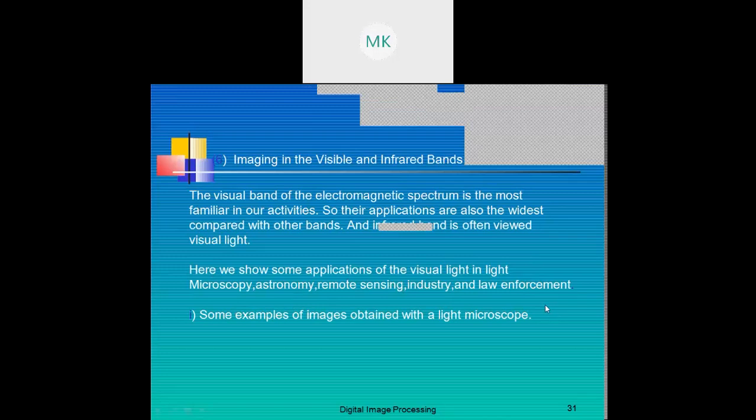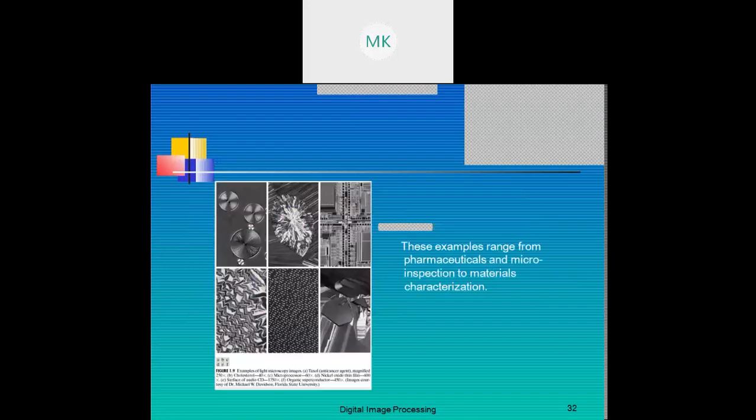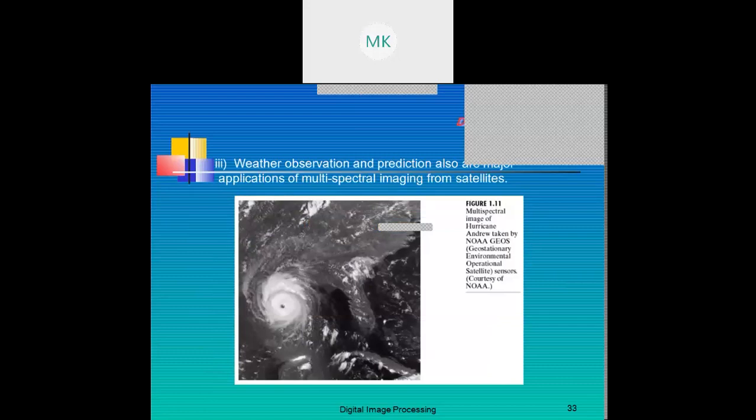These are applicable in fingerprint recognition, face detection, and gesture detection. Other applications include weather observation and prediction, where multispectral imaging is used. These images are taken from satellites.